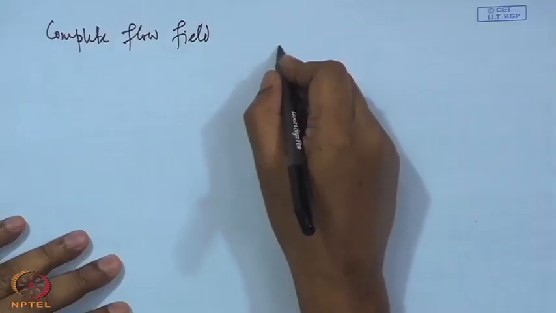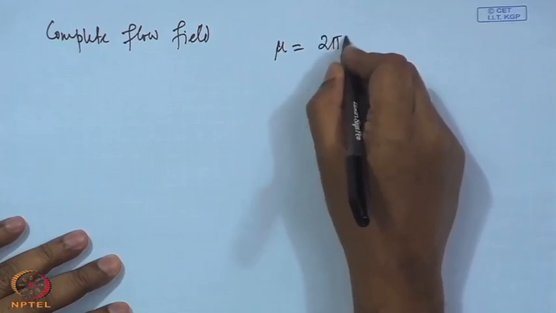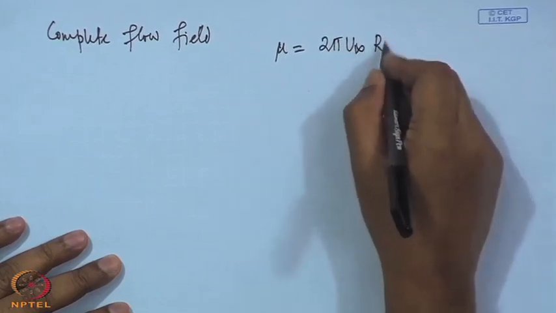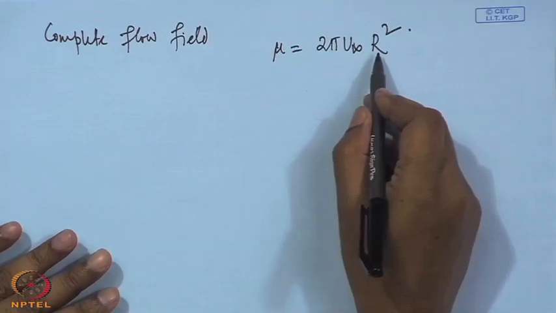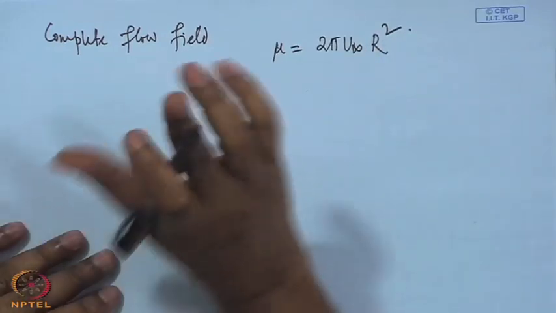So, we have a cylinder, we do not have any doublet. So, we should not use mu, but what is mu? Mu equal to 2 pi u infinity r square. Instead of the small r, we are now writing that small r is a variable, it is just a coordinate.